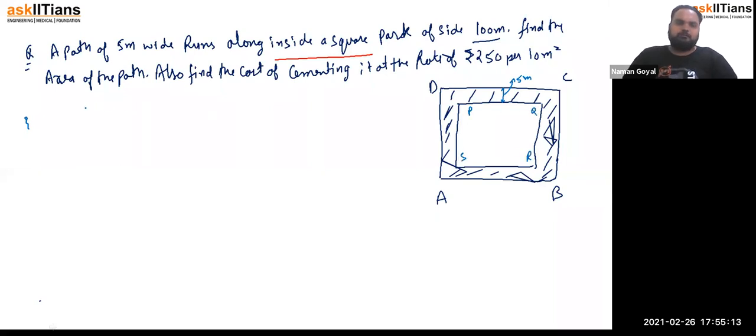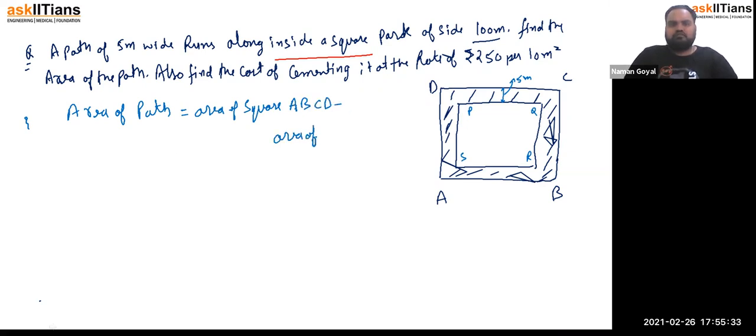So we can say that area of path is area of square ABCD minus area of square PQRS. Isn't it? We can do this, right? Now the area of square ABCD is what?